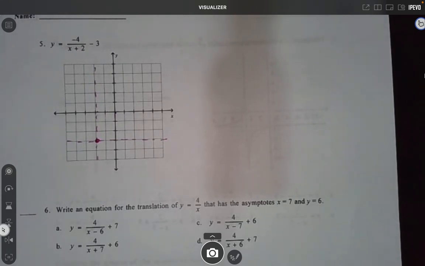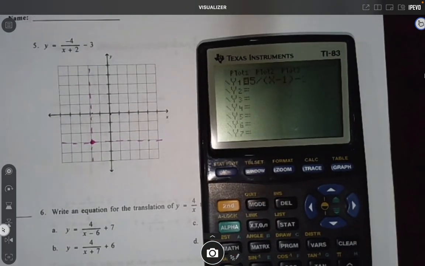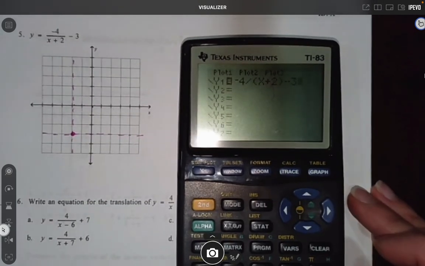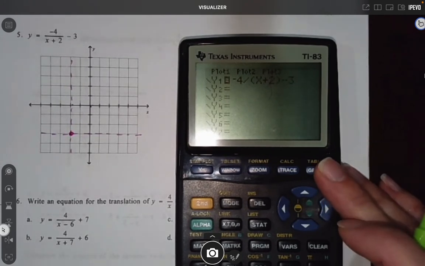Y'all want to graph it, or do y'all want to talk about your asymptotes and domain and range? Graph. Let's graph it. Okay, so let's go to y equals, and we're going to type in -4 divided by, make sure that x plus 2 is in parentheses, minus 3. I know my calculator, it's hard to tell, but any questions on how to type that in?